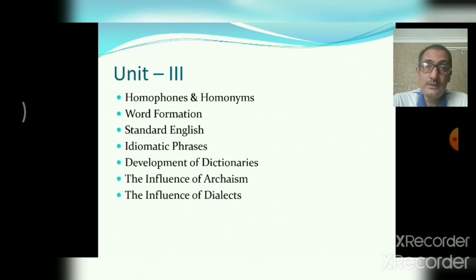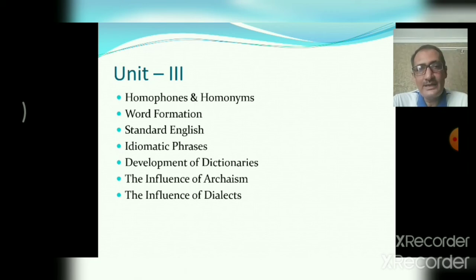No. Dictionary writing started almost a century before the time Dr. Johnson gave his dictionary. So we need to study the history of development of dictionaries, and it is going to be an interesting study.